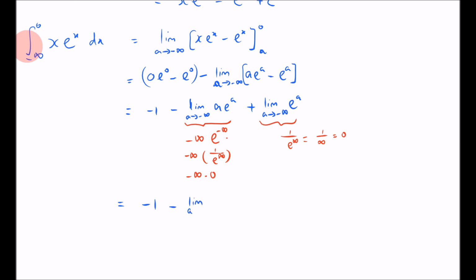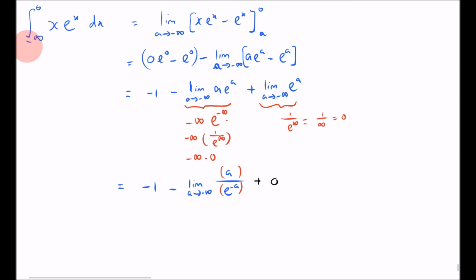So minus 1 minus the limit. Now you have to change it; I presume changing the exponential to a fraction will be easier. So now we have f(x) over g(x), ready for your L'Hopital's rule, plus 0 of course. Now we differentiate: the limit of a prime over e to the a prime.